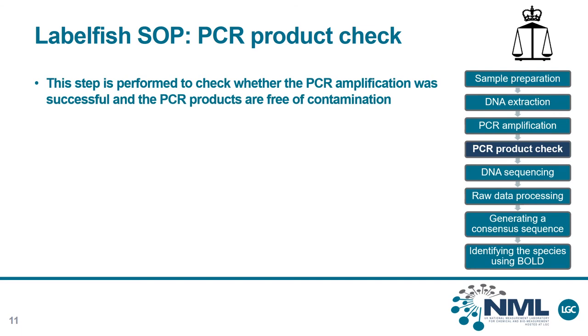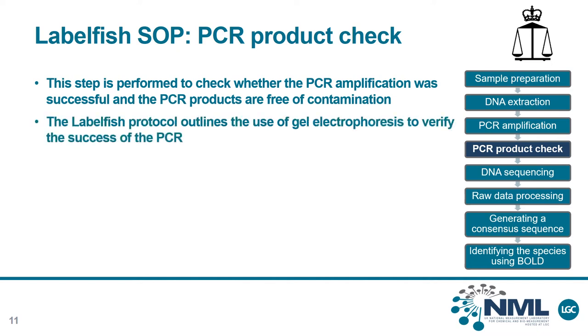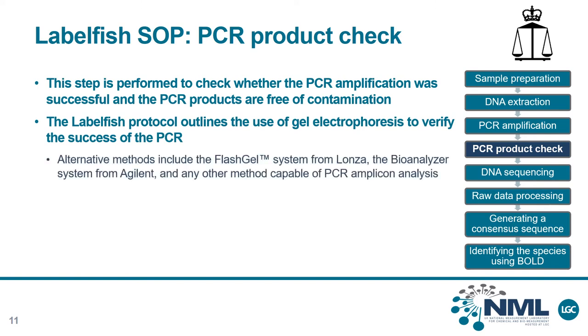After amplification, a check is performed to ensure the PCR was successful and the products are free of contamination. The Labelfish SOP provides a general protocol using gel electrophoresis to verify PCR success, but there are many alternative methods capable of PCR amplicon analysis. The Flash Gel system from Lonza and the Bioanalyzer system from Agilent offer quick and simple methods for checking PCR amplicons.